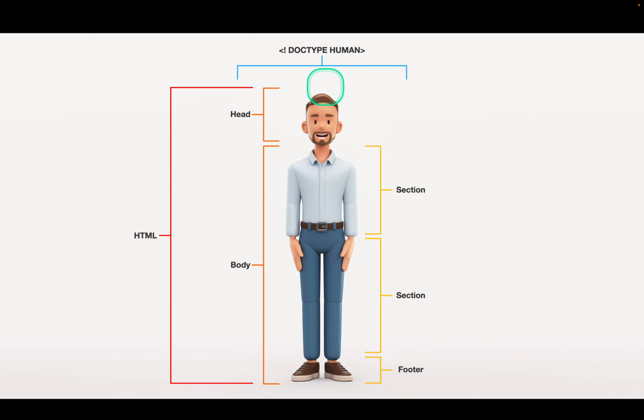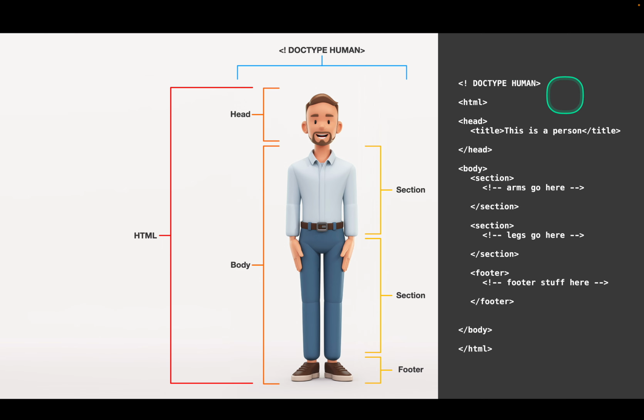Okay, so if this human were HTML markup, this is what it might look like. Doctype human up here. The whole thing contained within HTML tags. So there's an opening tag there and a closing tag there. We have the head section containing a title, in this case saying this is a person.